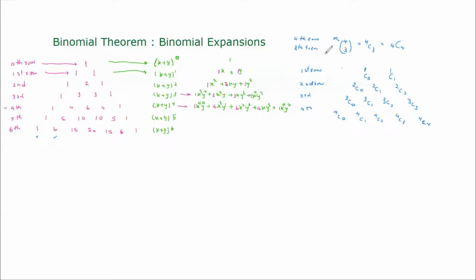Okay, so for the fourth row, you go back to read the Pascal triangle. For the fourth row, you count from here. This is the first, fourth row, right? So you count from here, first row, second row, third row, fourth row, so it's going to be here. Okay, it's going to be the fourth row here.